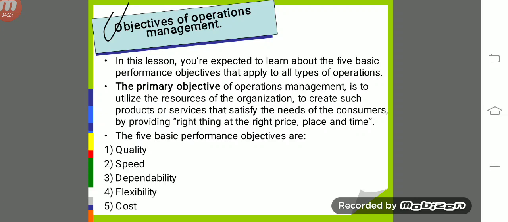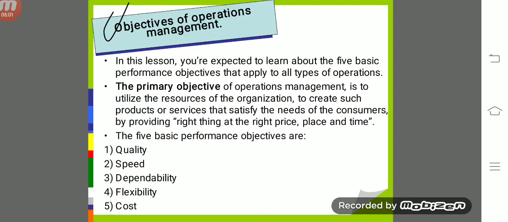The primary objective of operation management is to utilize the resources of the organization to create products or services that satisfy the need of the consumer by providing the right thing at the right price, place and time. The 5 basic performance objectives are quality, speed, dependability, flexibility and cost. These are the main 5.